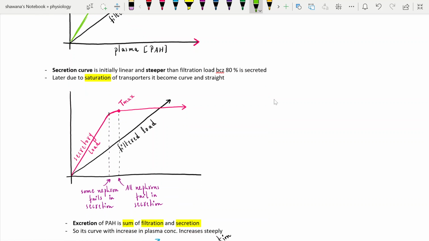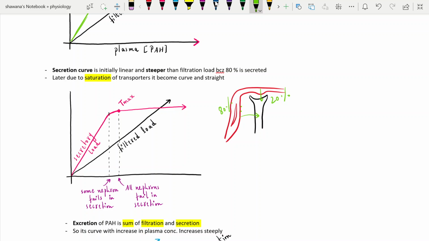And after that, when we draw the nephron, you can see this is the proximal convoluted tubule, and we draw the glomeruli, and this is the peritubular capillaries. So 20% is filtered from the glomerular capillaries and 80% is secreted from the peritubular capillaries into the lumen of the nephron.